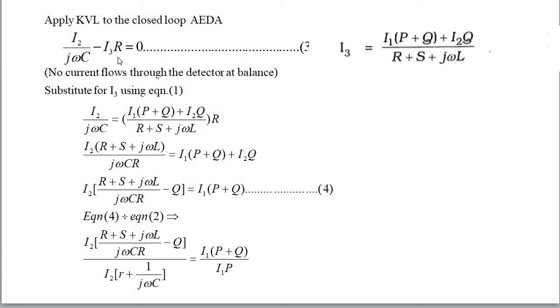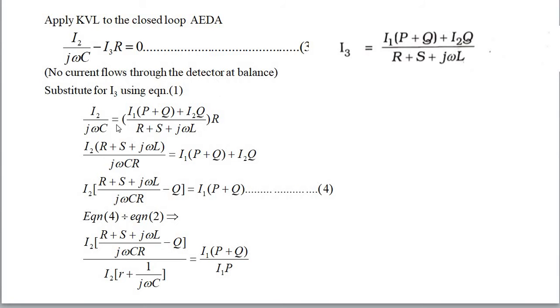So when we substitute I3 from this equation, you will get the expression as I2 divided by j omega C minus I3 R is equal to 0. Taking this minus I3 R into the right hand side, this will become positive. So on the left hand side, this is I2 divided by j omega C is equal to I3.